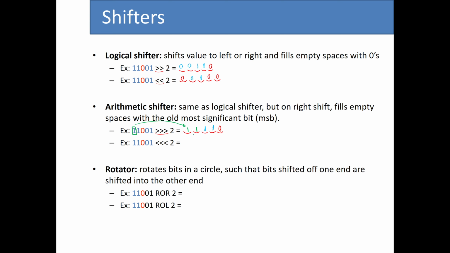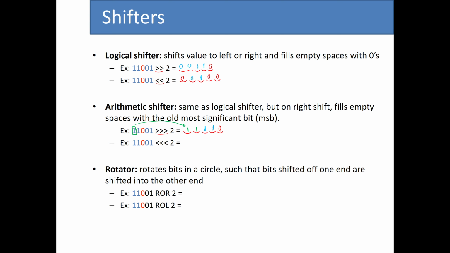Because of this, the result of arithmetic shifting to the right is different than the result of logical shifting to the right, especially for numbers that have their most significant bit as 1. If it was 0, it would be the same, but when the most significant bit is 1, the results of arithmetic right shift and logic right shift are different.